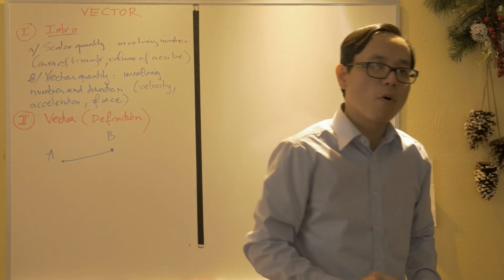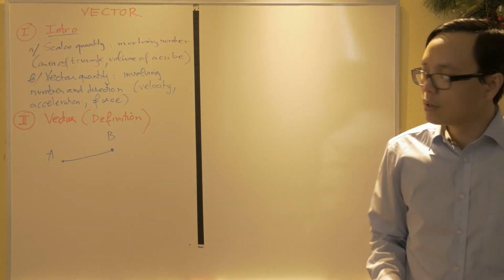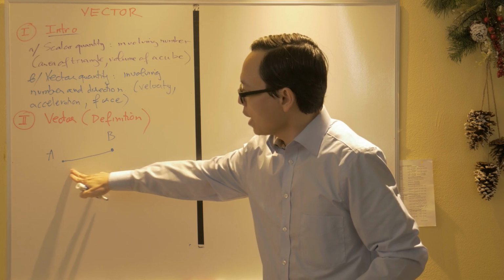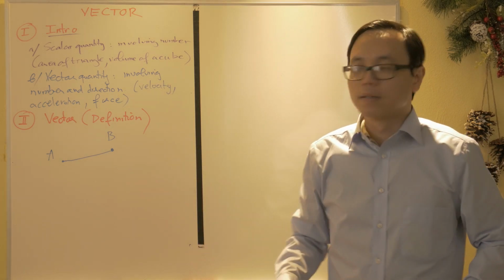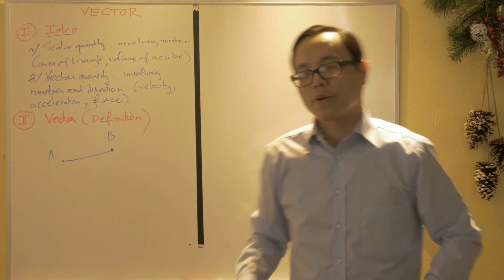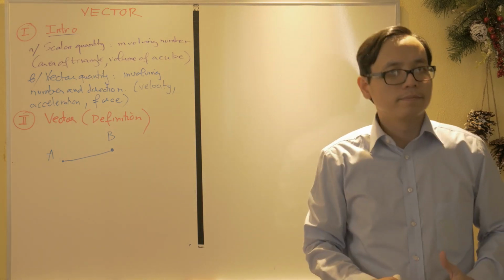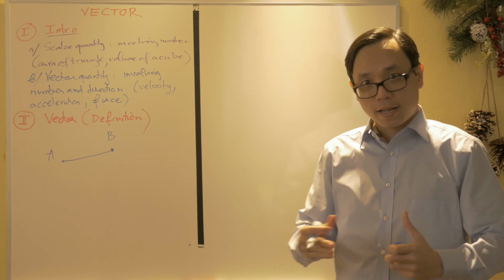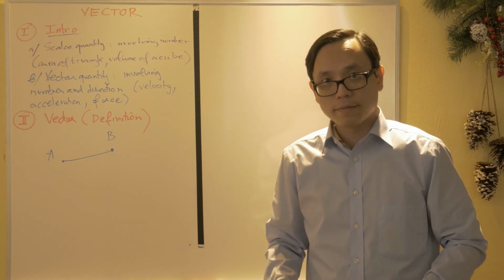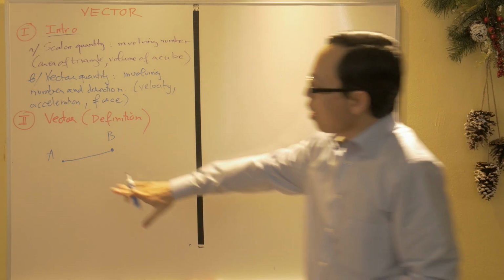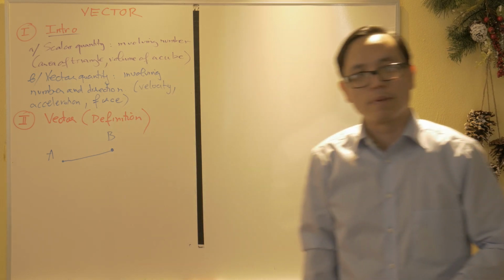If I connect 2 points together, what did I create? You guys remember the concept in geometry. If we have 2 points and we connect them, it gives you a segment, right? So on my surface here, I have segment AB.